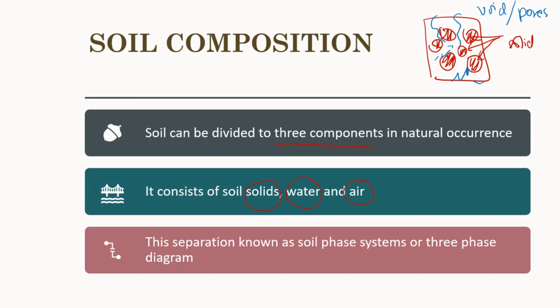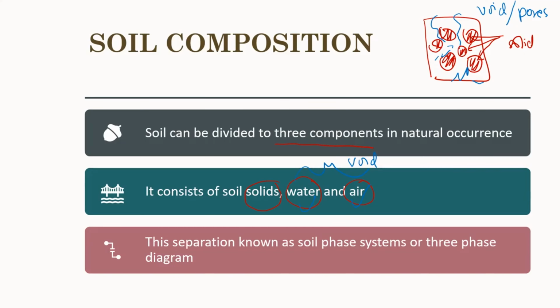So what are the components of the void? The void is either filled with liquid, known as water, or gas, or by both of them, in respective percentages. So the components of voids are water and also air. These two are the components of your void.